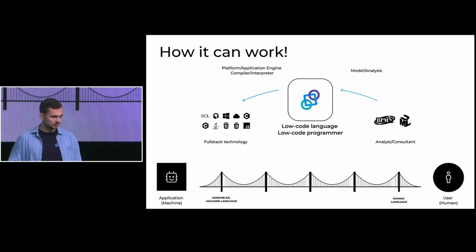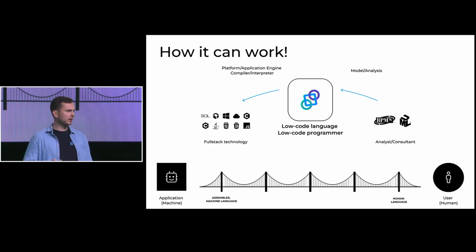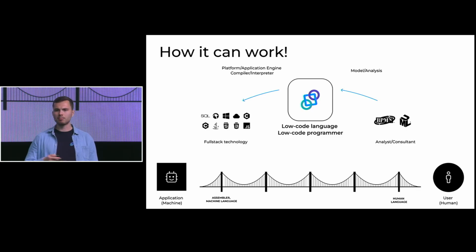How it can work, and what you guys probably already know. In typical application development, there are multiple groups of people, but there are at least these two. There are analysts and consultants, people who describe the problem in the company and make business requirement documents, some textual description, some graphics, but these outcomes are not an executable application.